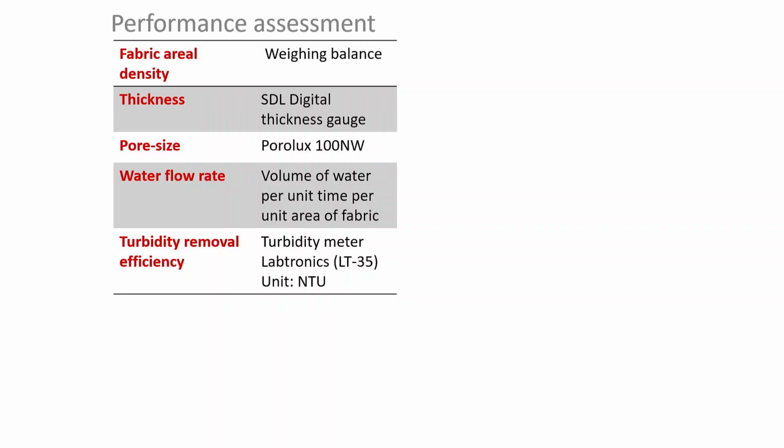For aerial density we have used a weighing balance, for thickness an SDL thickness gauge, and one instrument for pore size measurement. Water flow rate, volume of water per unit time per unit area of fabric, we have measured, and turbidity removal efficiency in NTU we have measured using a laboratory turbidity meter.